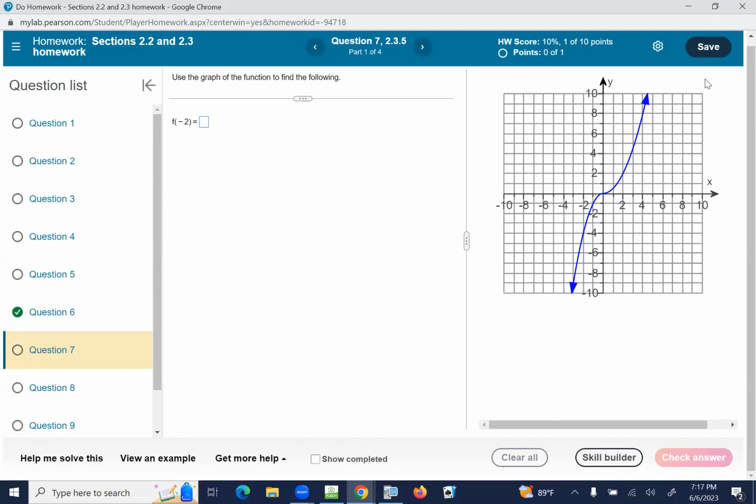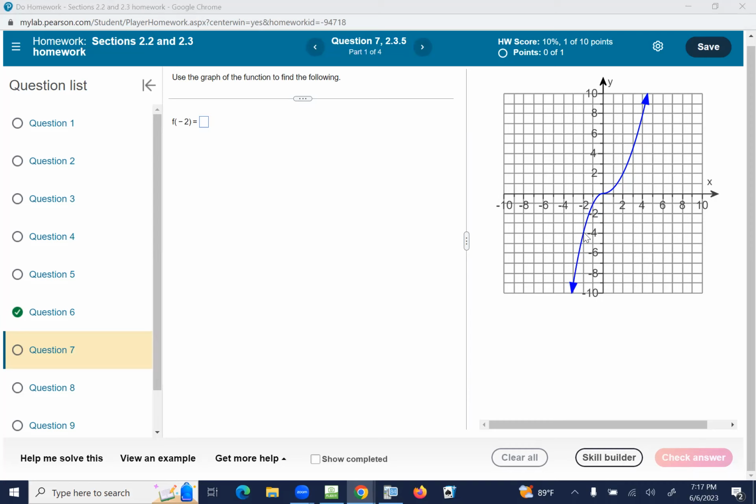All righty, y'all. So the first thing I want to know, what is f of -2? So what y value has the x value of -2? All right, so remember, they're giving me the x value, so I'm going to go over here to -2, and then I'm going to drop straight down until I hit that line.